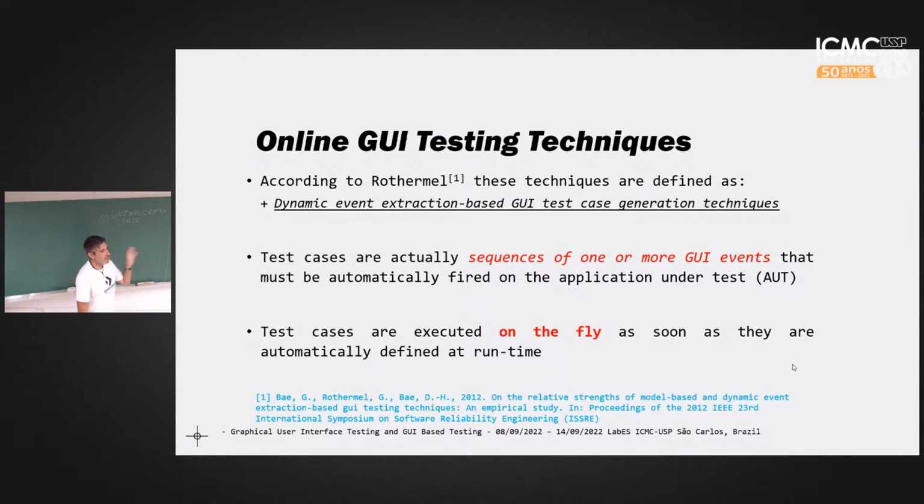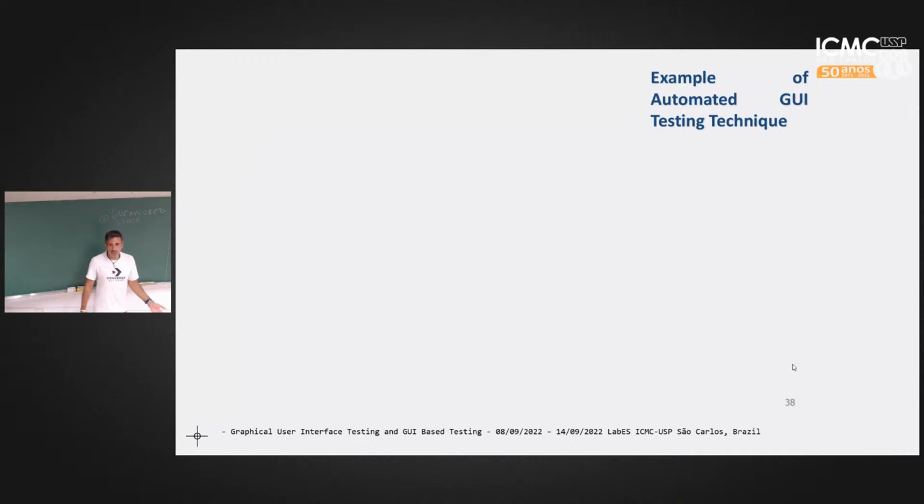Test cases are sequences of events. So if on Wednesday you find the question on what are test cases, test cases are sequences of one or more GUI events, and the test cases are executed on the fly as soon as they are defined at runtime. Okay, let's see how online GUI testing techniques work.